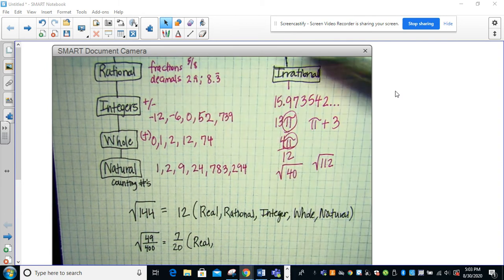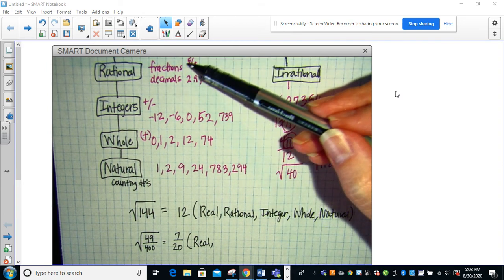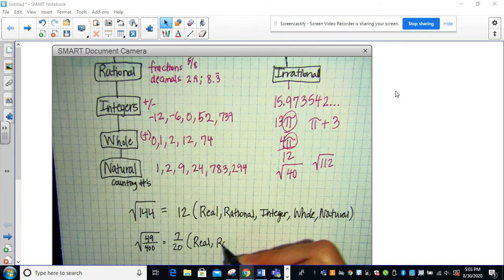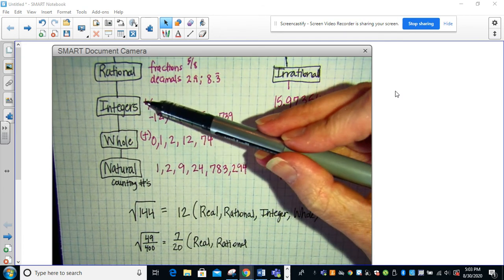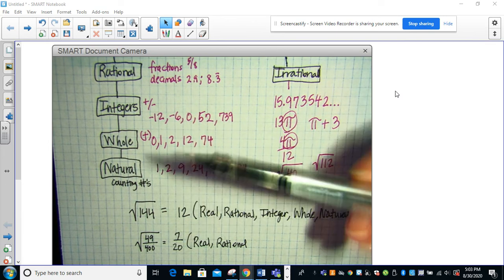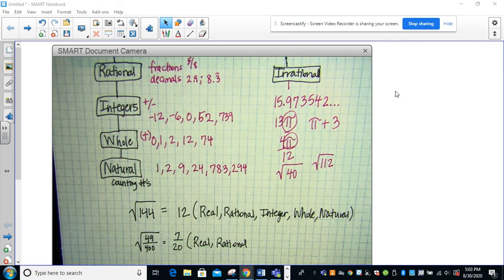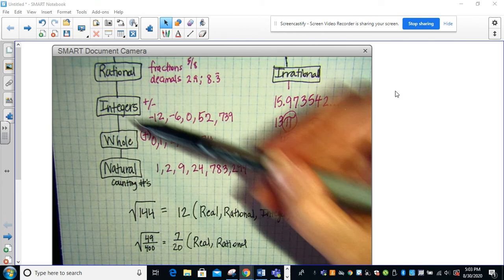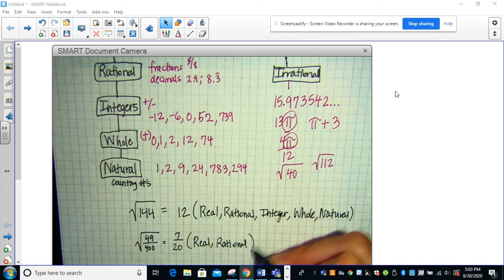Now, is it rational or irrational? Well, it's written as a fraction. Fractions are rational, so it's rational. The next question, is it an integer? Is it a positive or negative whole number? Well, it's a fraction, so that knocks it out. So once we stop, it is not an integer, so now we're done. If it's not an integer, it can't be a whole number, and it can't be a natural number. So these are the classifications.